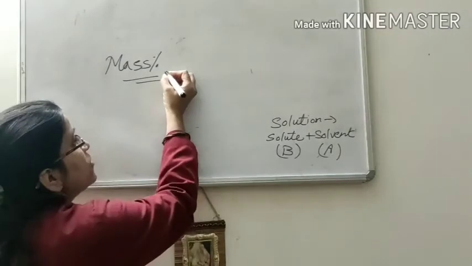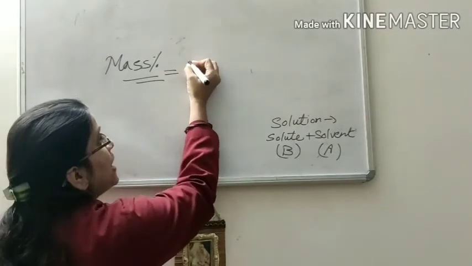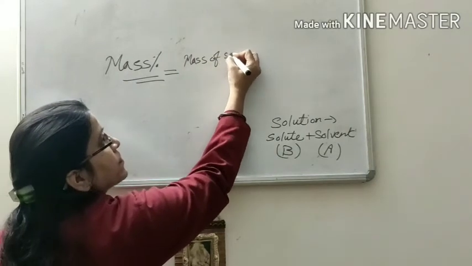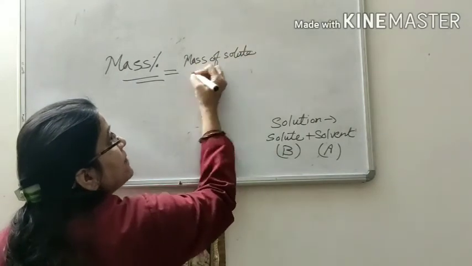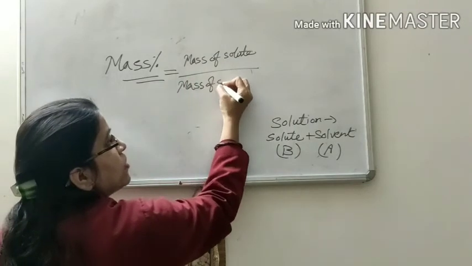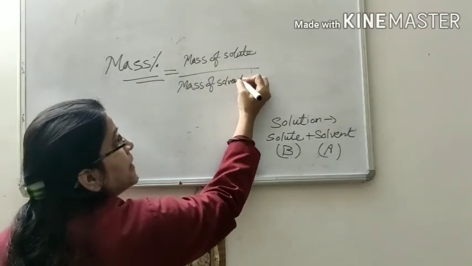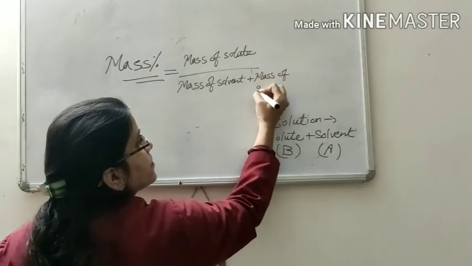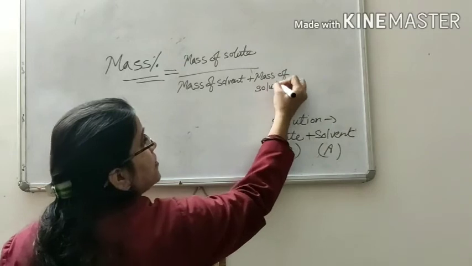So to calculate mass percentage, the formula is mass of solute divided by mass of solvent plus mass of solute, into 100.